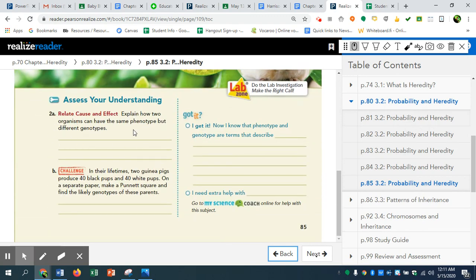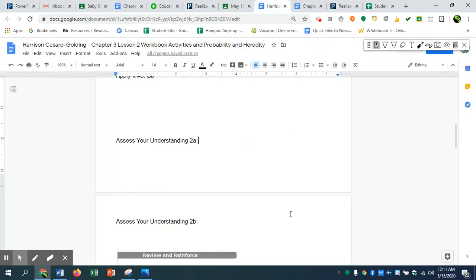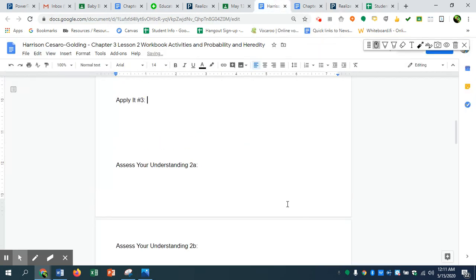Explain how two organisms can have the same phenotype but different genotype. So this is all going back to our Punnett square that we just did, because you can have a combination of capital B, capital B, or capital B, lowercase b. How can they have the same phenotype, the same physical appearance, but a different genotype?